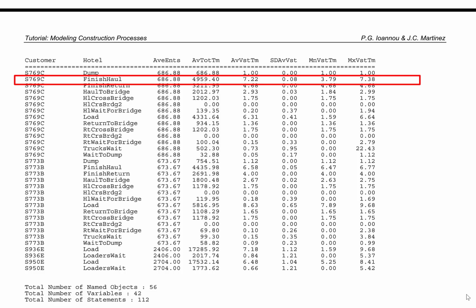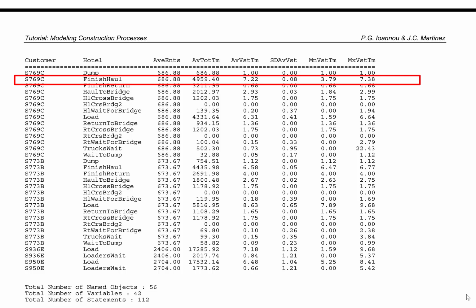It shows that the truck subtype S769C spent the following time in the activity finish hall. The average truck of this subtype had 686 instances of finish hall. The total time that the average truck of this subtype spent in finish hall was 4,959 minutes.